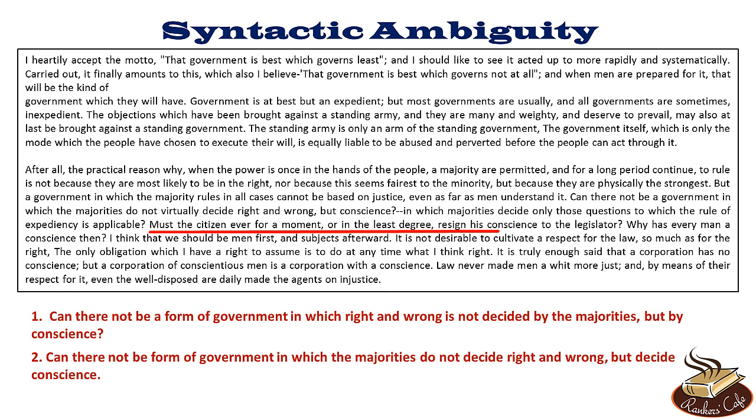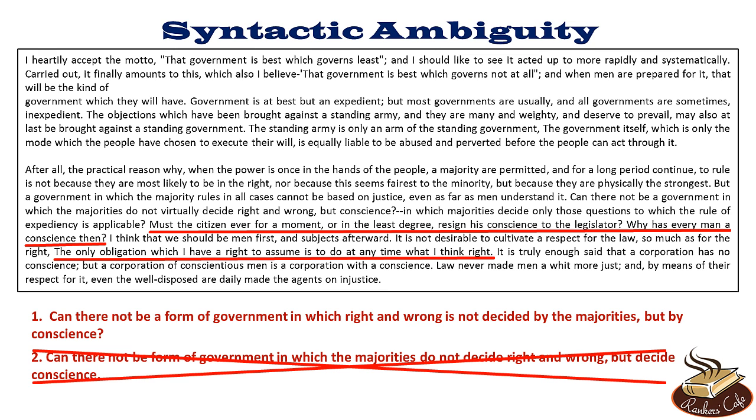The writer goes on to talk about conscience and how the only obligation he has is to do what his conscience encourages him to. Thus, this makes it clear that the author privileges conscience over majority in deciding right and wrong.